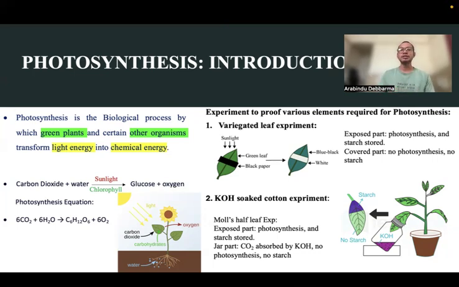Therefore, I have mentioned the equation: carbon dioxide plus water in presence of sunlight and chlorophyll produce glucose and oxygen, also ATP.